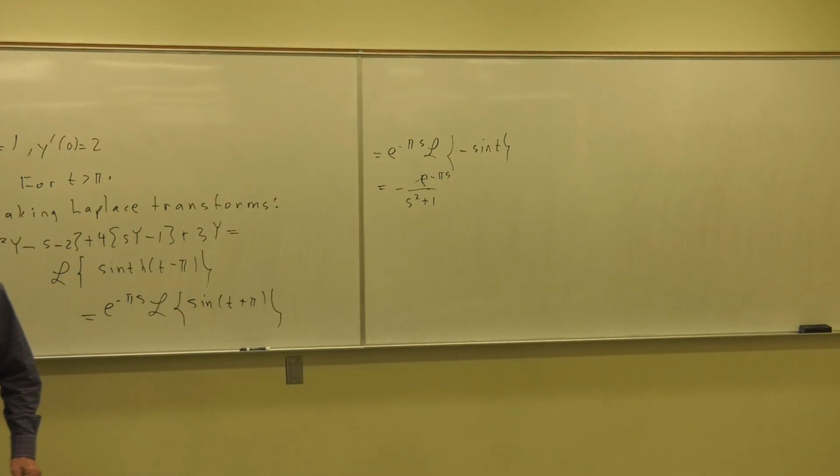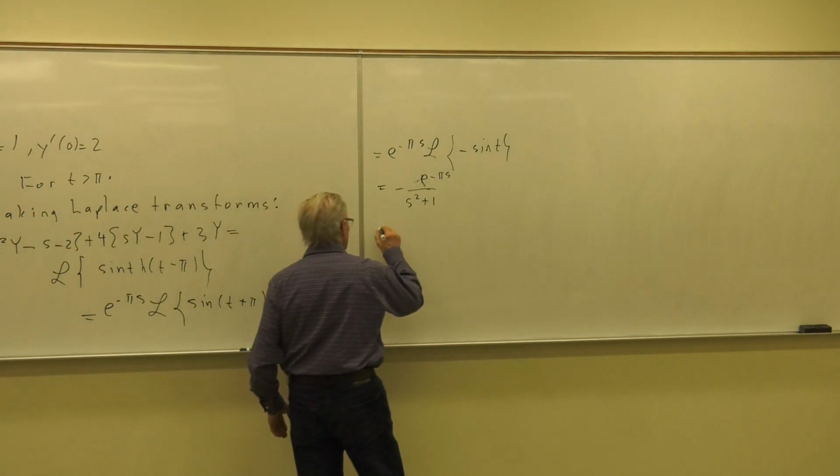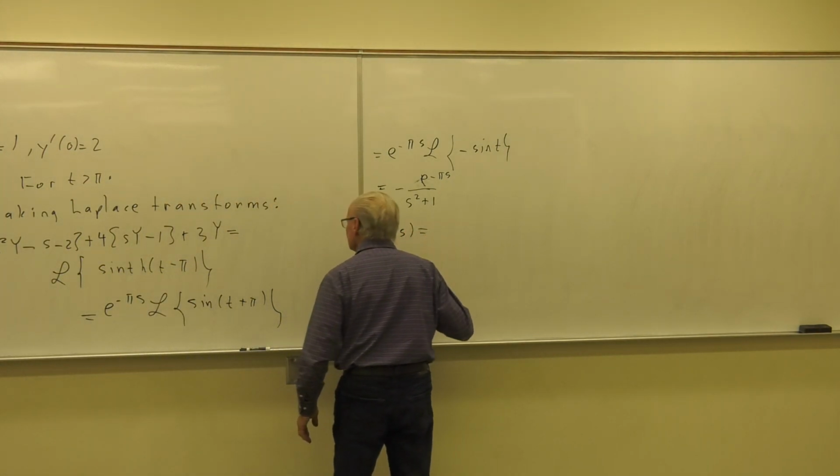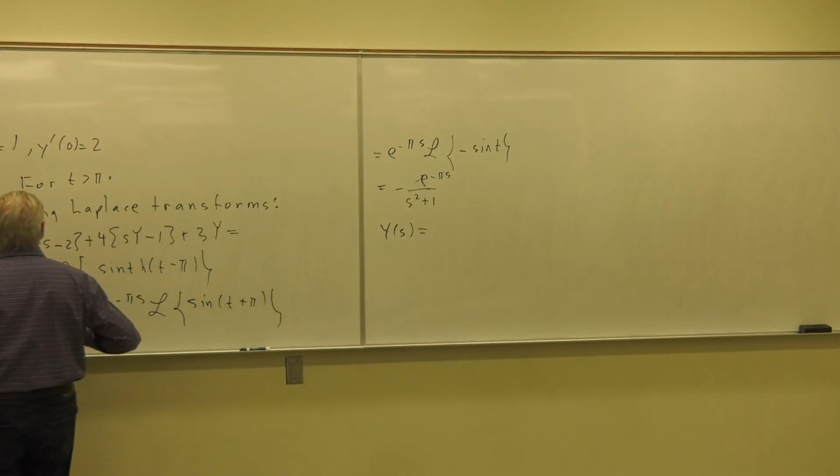So there's the transform of our non-homogeneity. Solve for big Y. Big Y of s is equal to everything with no big Y to the other side.